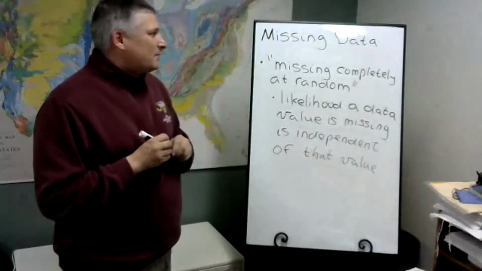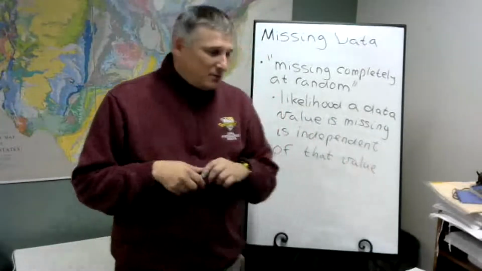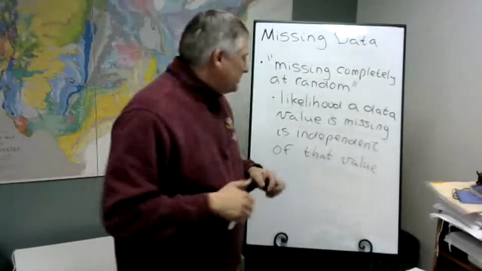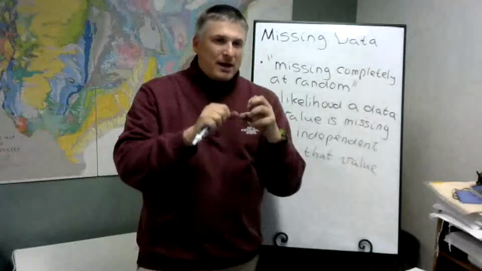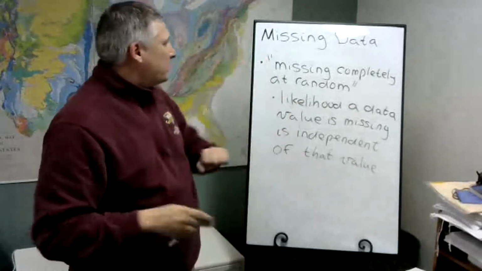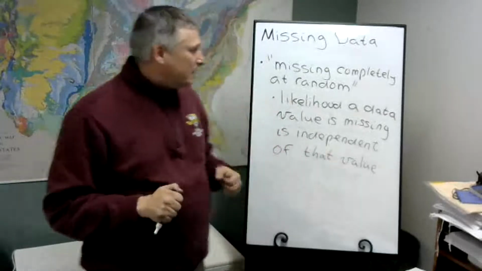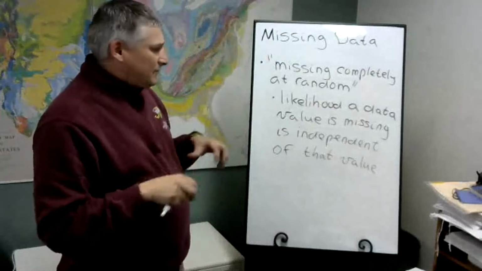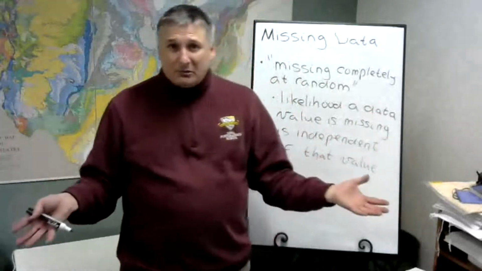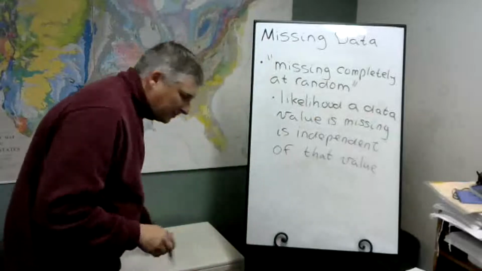When that's the case, we might be able to ignore that data value, or replace it with something. We'll talk about that in a little bit. As long as the actual value has no effect on whether it was included or not, then we are missing completely at random, and there's something we can do about that.